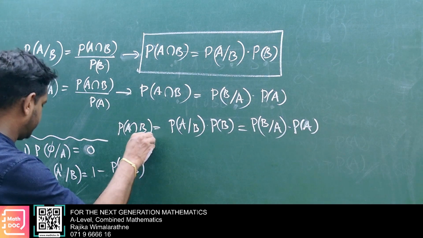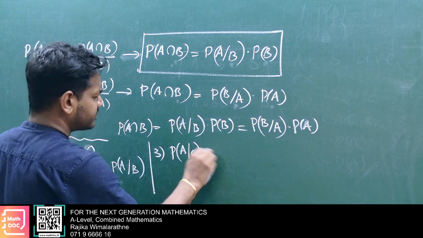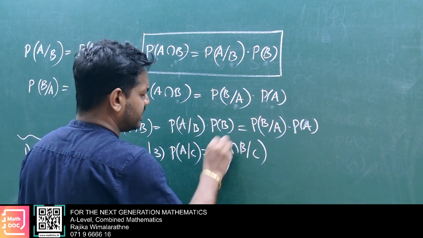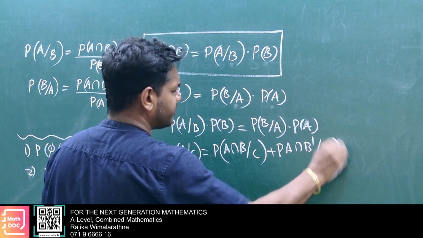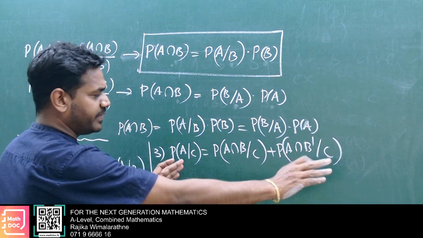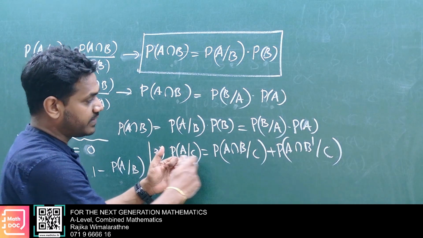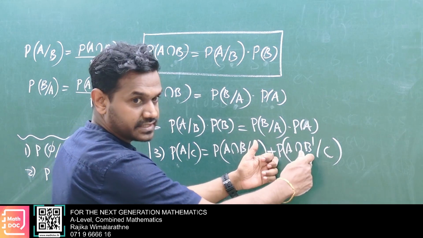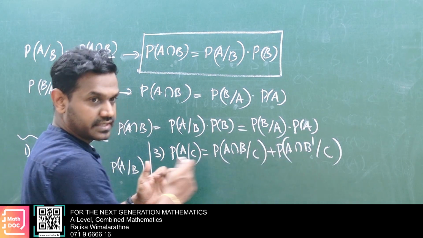Third, P(A given C): here P(A intersection B given C) and P(A intersection B dash given C). Just forget the denominator part. Same theorem we discussed before: P(A) equals P(A intersection B) plus P(A intersection B dash). Now C has already occurred, so no worries, you can put the same theorem.